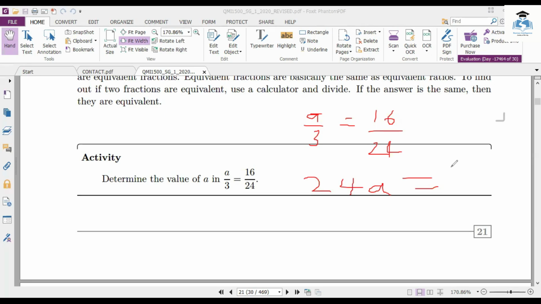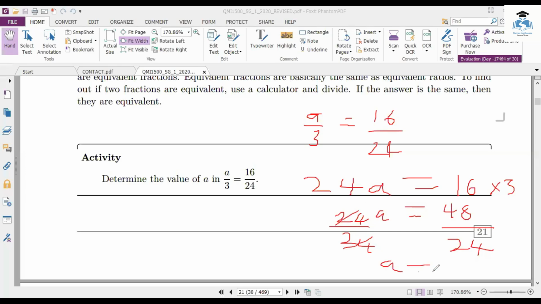What is 16 times 3? 48. For the case of those who are following, 24A is equal to 48. Then we divide both sides by 24. Then we get A equals 2.